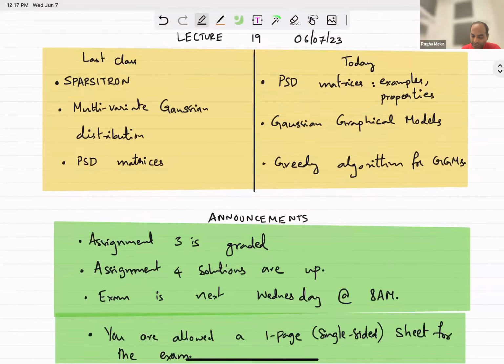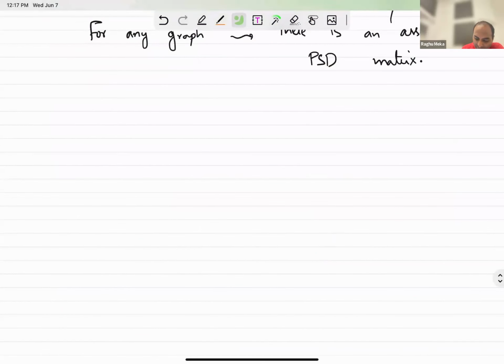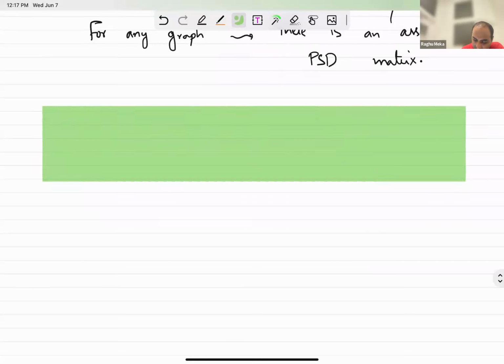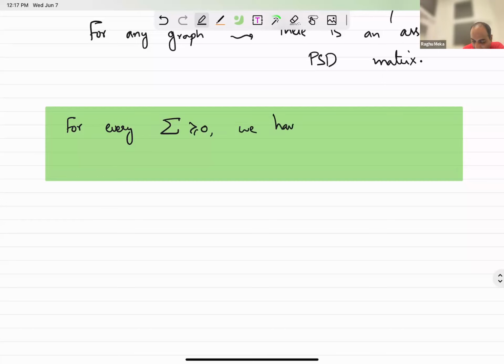But now let's go back to why we're looking at them, right? So for us, the most important property is that for every sigma which is positive semi-definite, we have a multivariate Gaussian distribution.